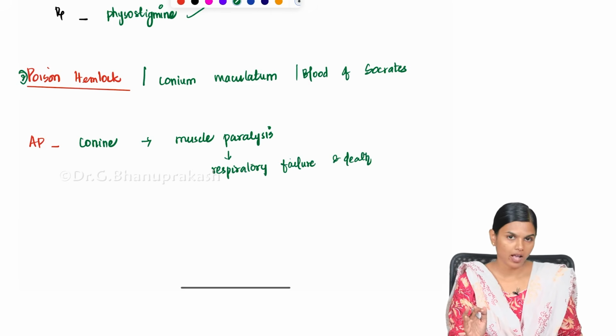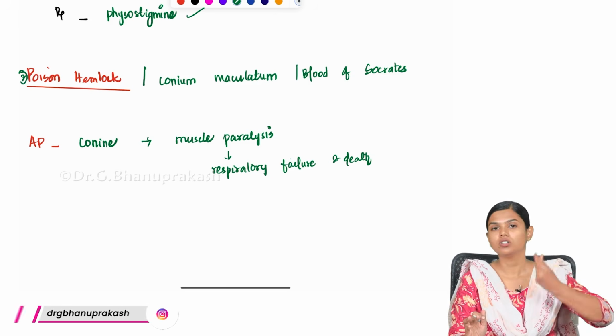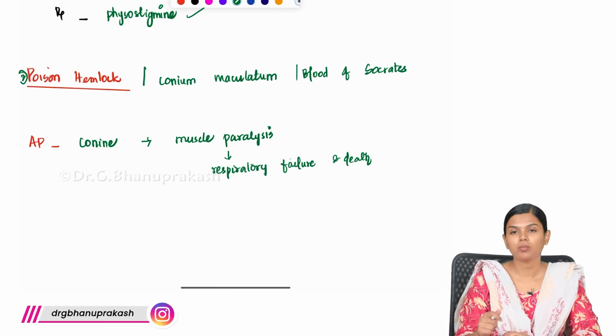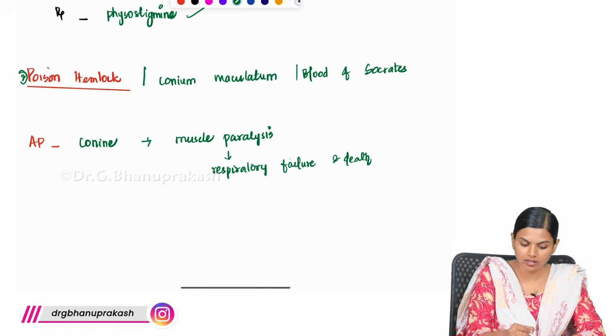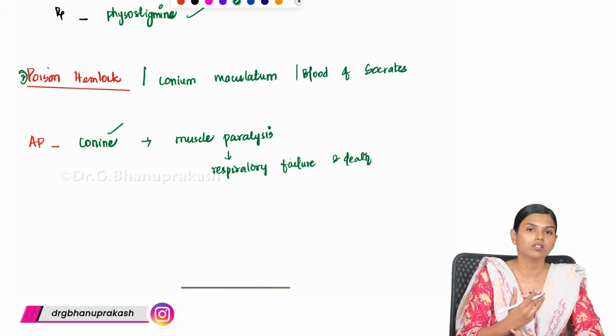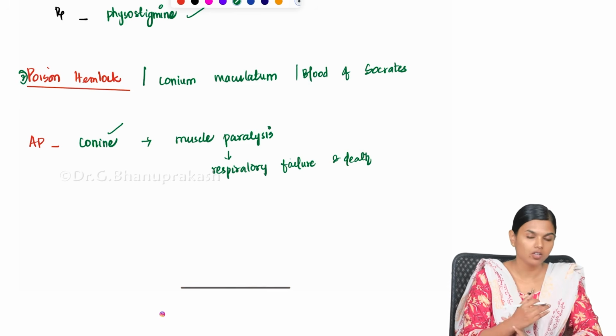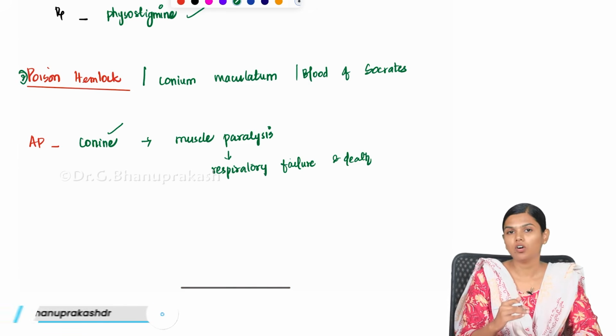So, poison hemlock, also known as Conium maculatum and blood of Socrates, was used to kill Socrates. It has the active principle coniine, which will result in muscle paralysis and death. So, these two basically act peripherally and they will cause death.